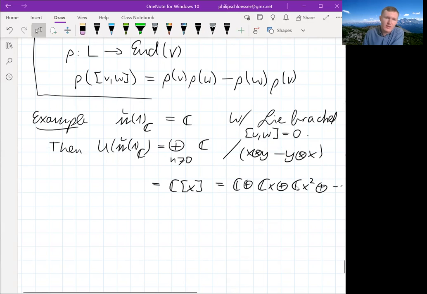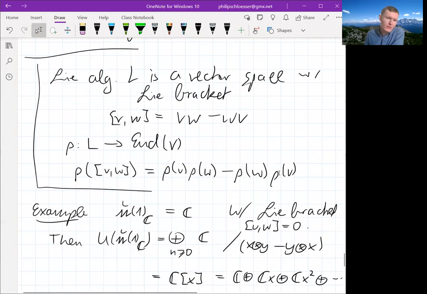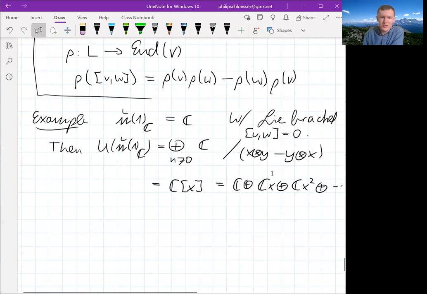And this shows that complex representations of U1 are modules over the universal enveloping algebra of U1 complexified, which are just C[X] modules, which in general don't decompose.